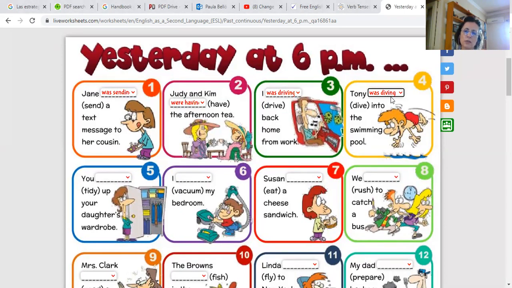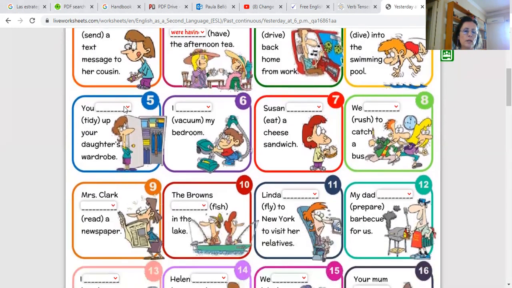Which is getting into the swimming pool. Sumergirse. Okay. 5. Tidy. Tidy your room or tidy the wardrobe. You? You were tidying.